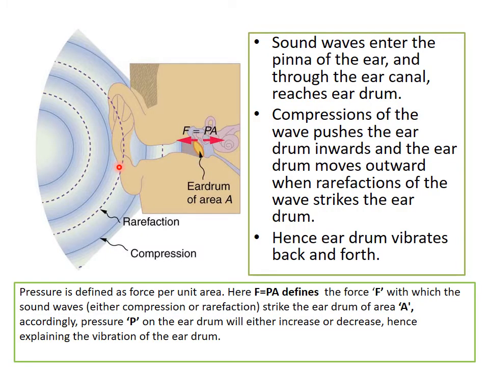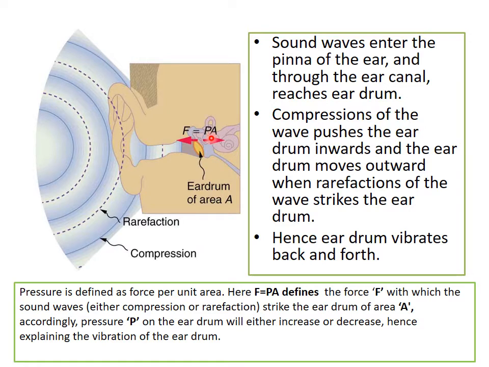Going through the details, we'll now understand how the sound waves enter the outer part of the ear. These sound waves strike the thin elastic eardrum, traveling through the 2 to 3 centimeter long ear canal.